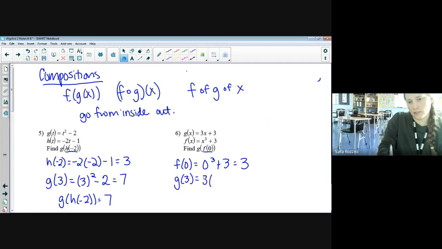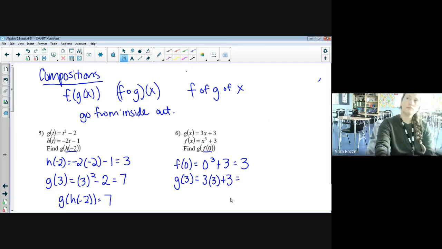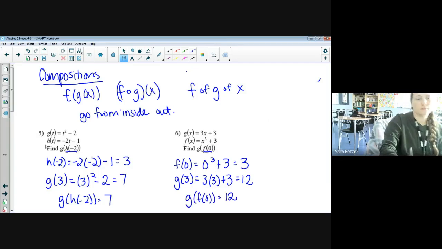It's a lot of 3s in this problem. Three times 3 is 9, plus 3 is 12. So g of f of 0 is going to equal 12.